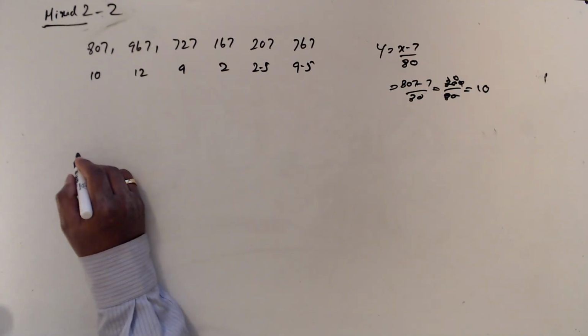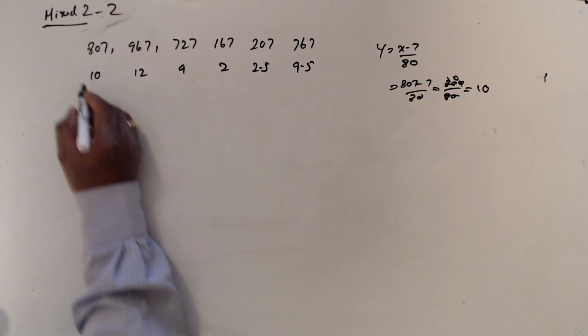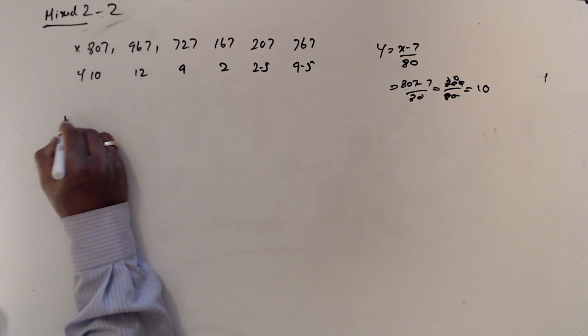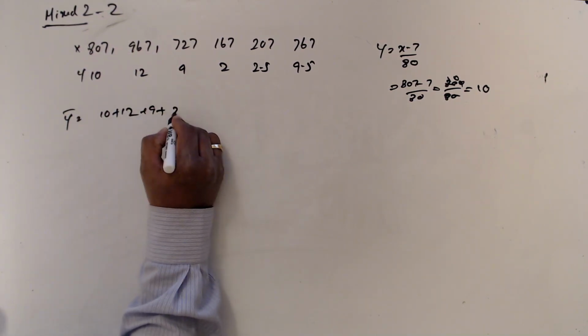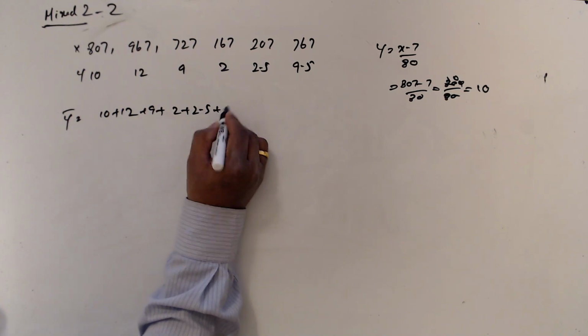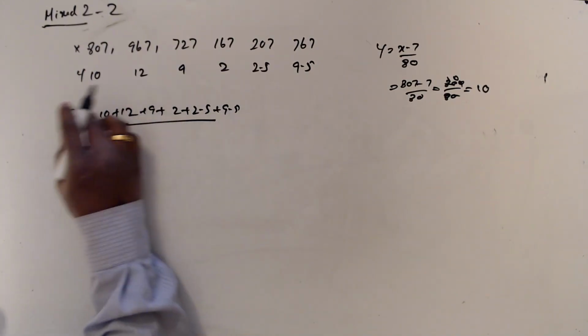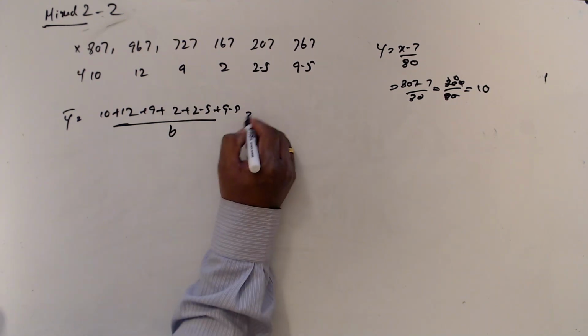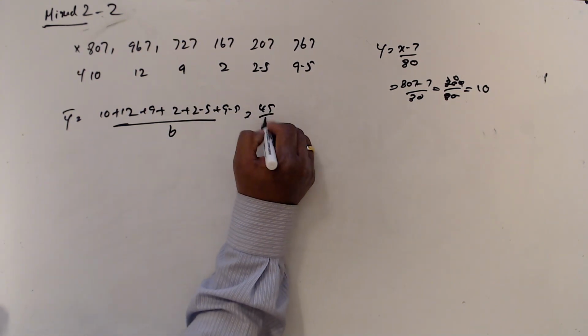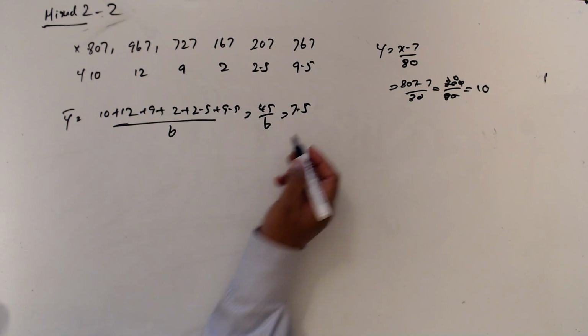So I need to find the mean now. Code this is x, this is y. So y bar equals 10 plus 12 plus 9 plus 2 plus 2.5 plus 9.5 divided by 6. So then this is going to be 45 over 6, which is 7.5.